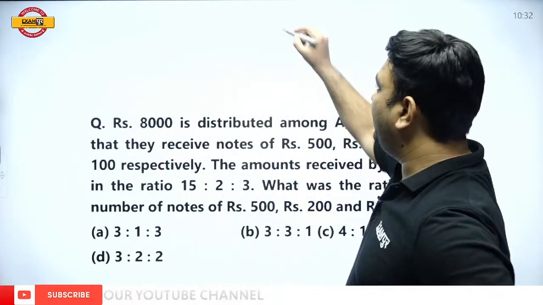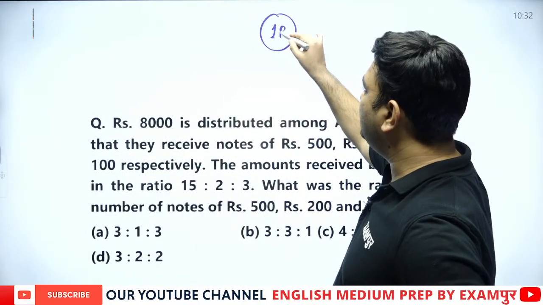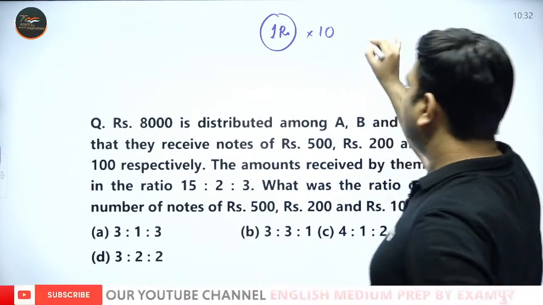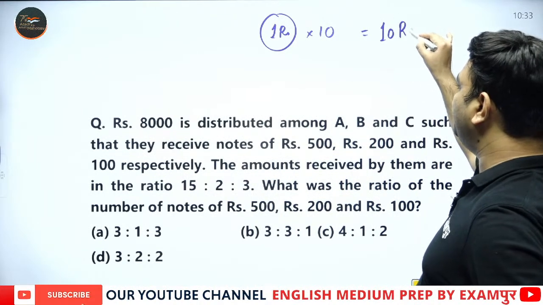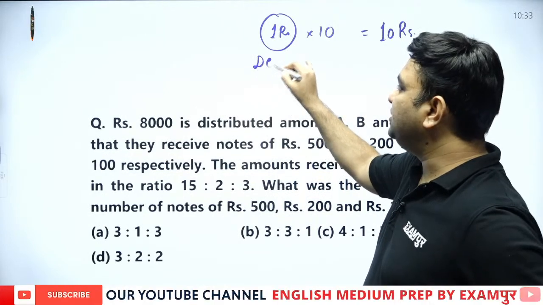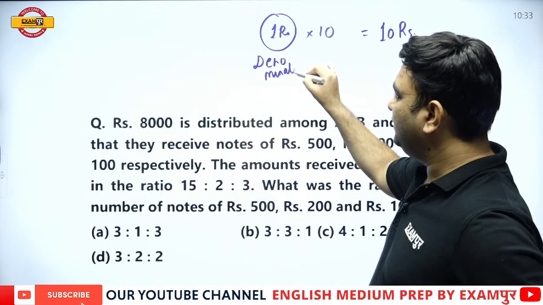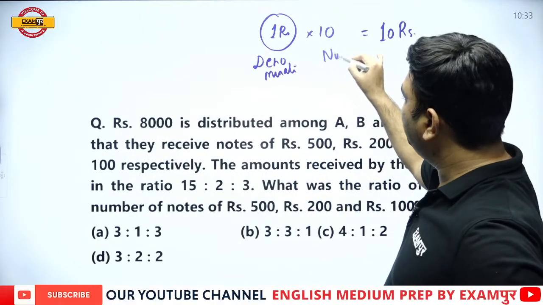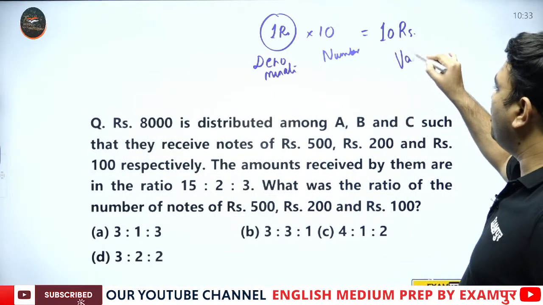Let me tell you guys, if you have a 1 rupee coin, and let's suppose you have 10 of them, then you will form 10 rupees out of it. This is called denomination. Denomination means the value of each note, and this is your number, and this is the value or the amount you have formed.